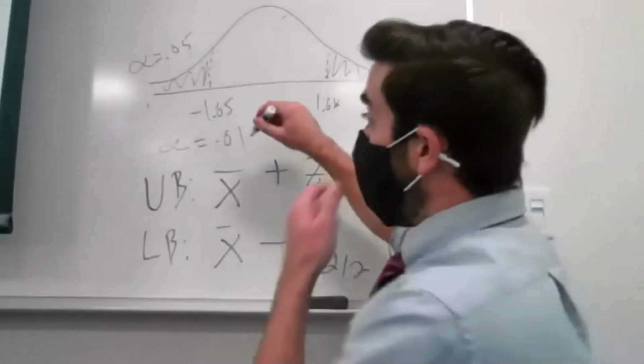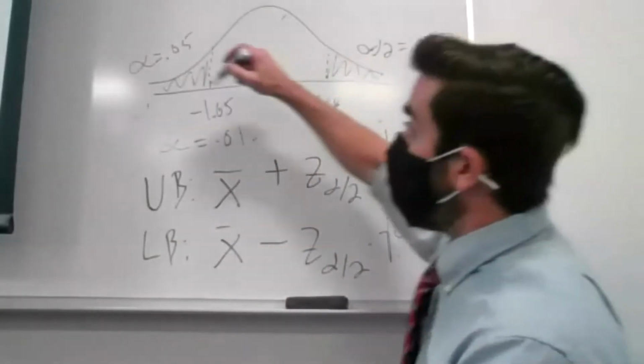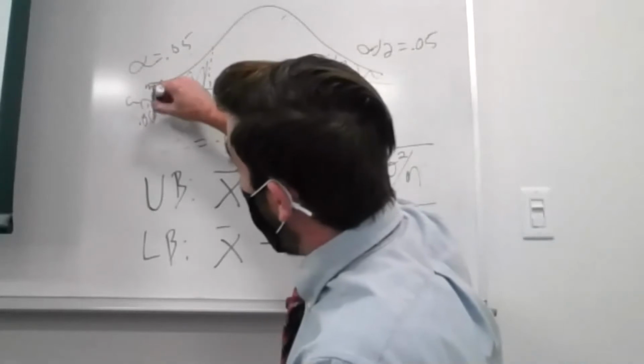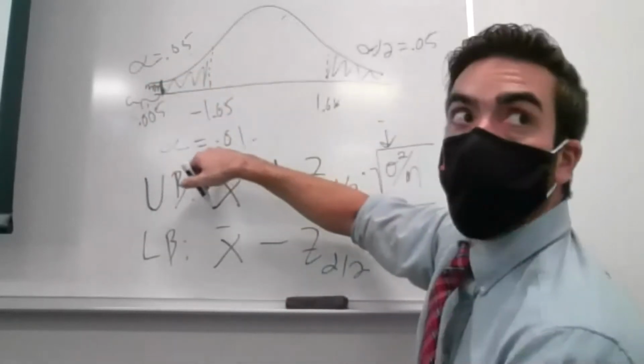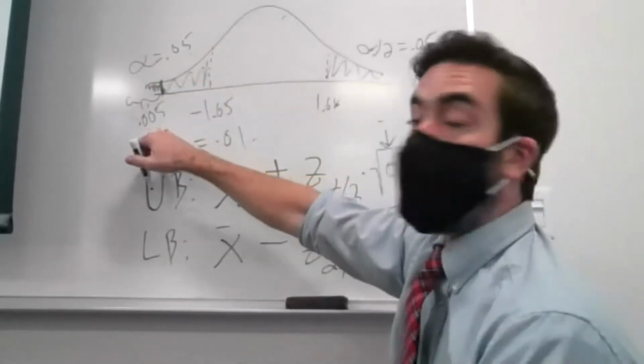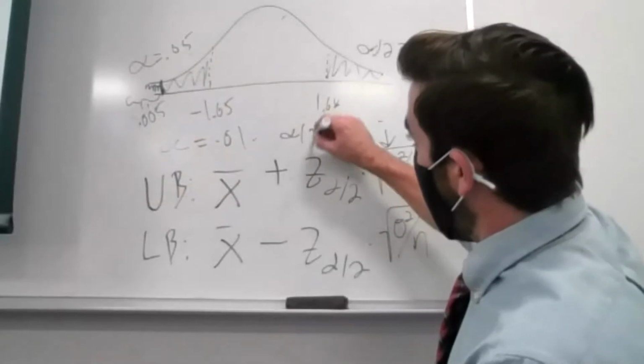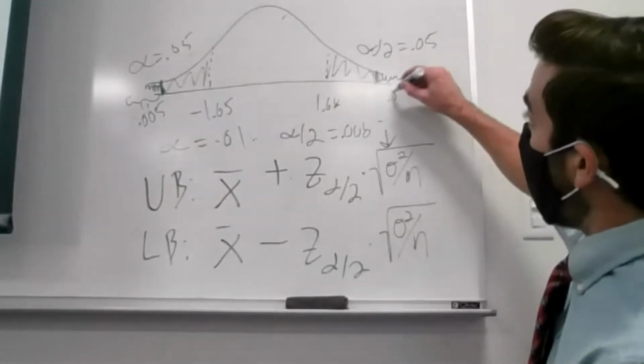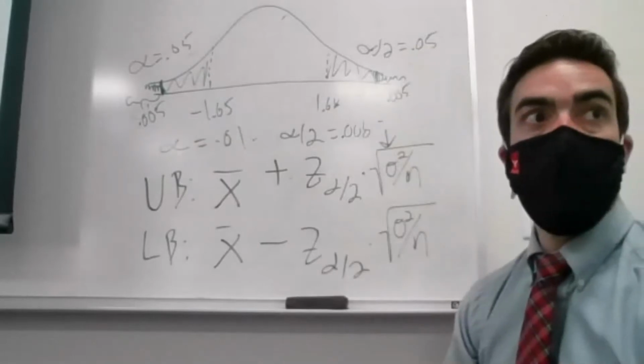So there's going to be alpha total in the tails, but now the area at each tail is going to be alpha over 2. So 0.01 divided by 2 is 0.005. So now the new area I want in the tail is 0.005.